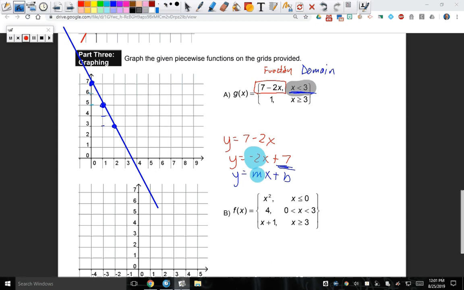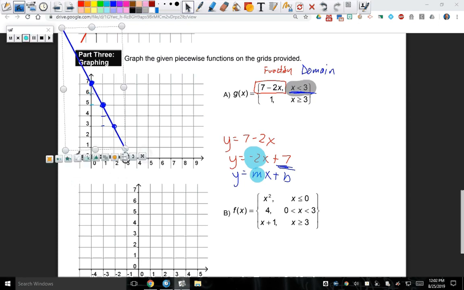Everything less than 3 on the x-axis is over here, and that's the only place I want to graph and show this blue line, 7 minus 2x. So it's only whenever x is less than 3, which means it's still going to go to the left forever.